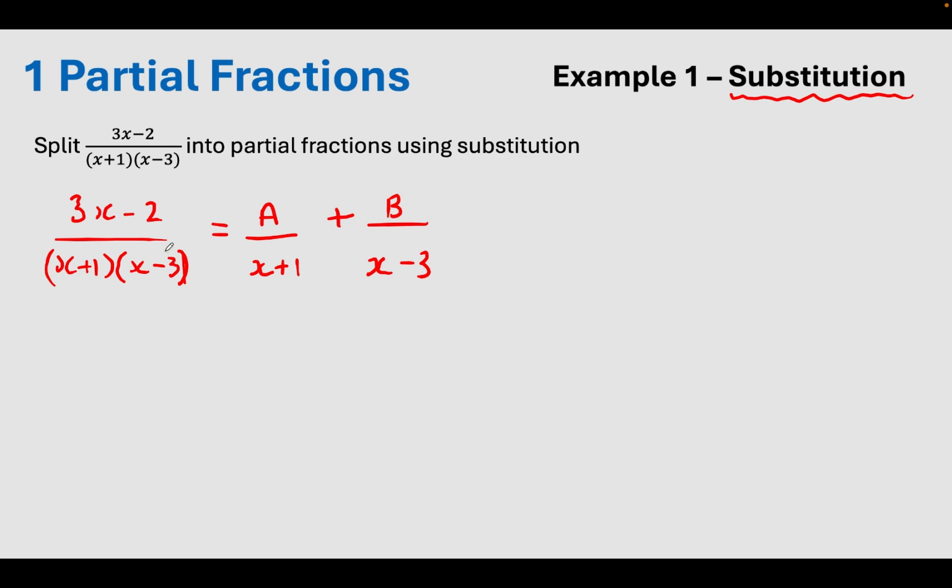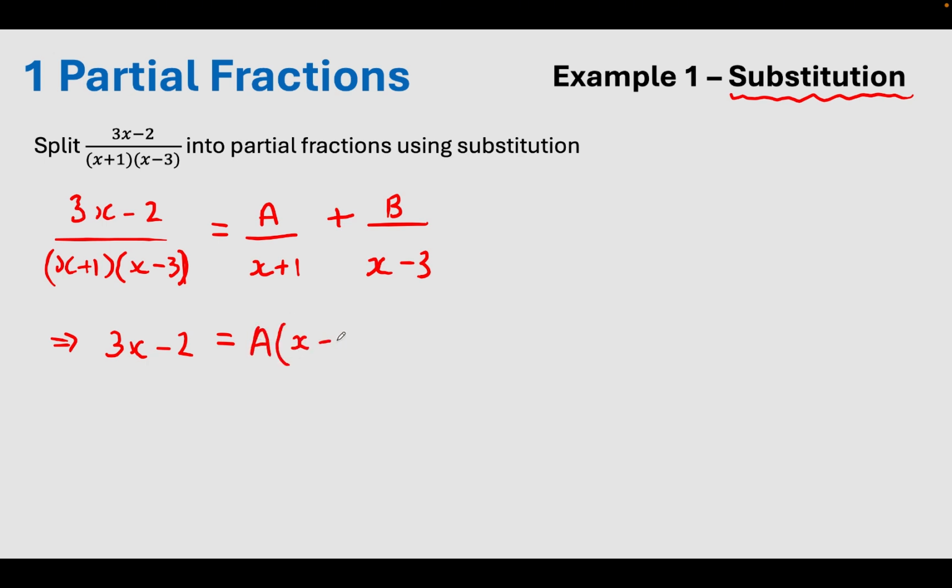Now I'm going to multiply everything by x plus 1 and x minus 3. So the next line of working should say that 3x minus 2 equals, if I multiply by x plus 1, x minus 3, the x plus 1 in the denominator is cancelled out.